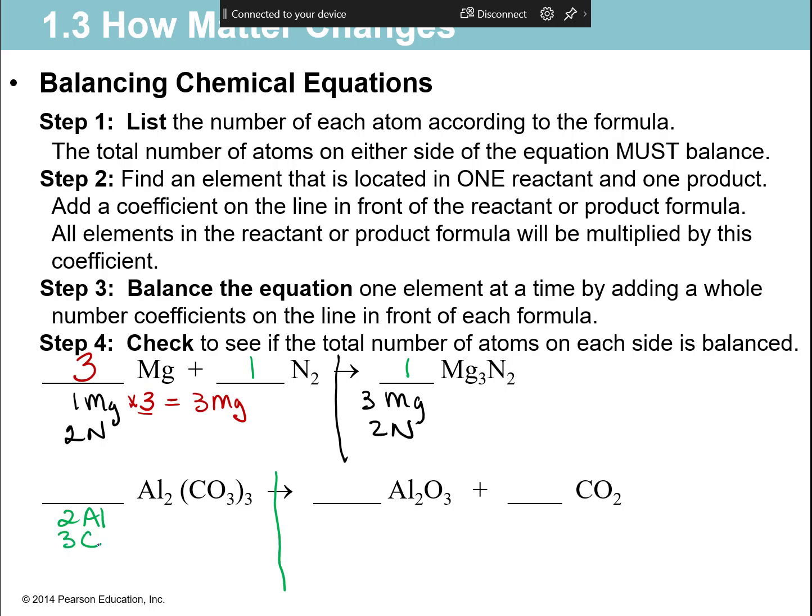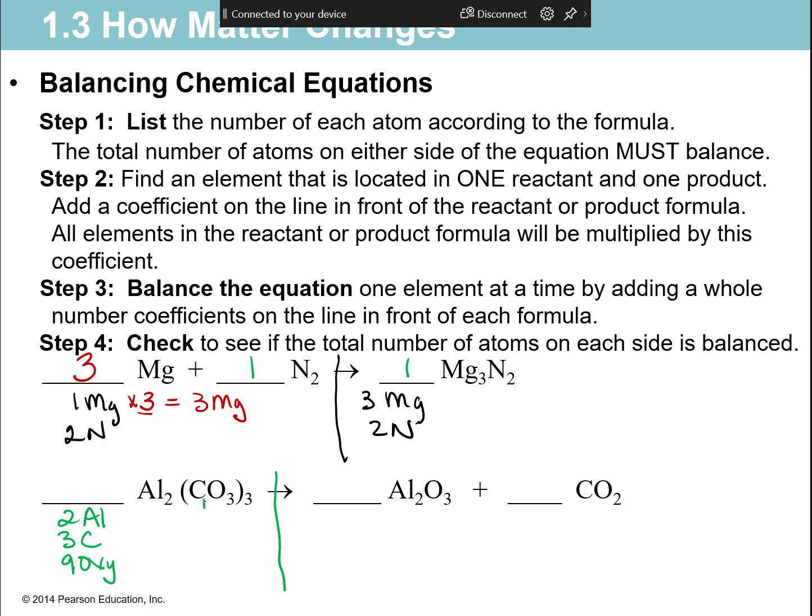So how many carbon? Just 3 carbon. Now how many oxygen? That one's 9. Right? So remember, in math, if you have something in parentheses and a number outside, everything inside gets multiplied by the number that's outside. So in CO3, if you don't see a number, that means it's just a 1, right? So CO3 means there's only 1 carbon times 3.